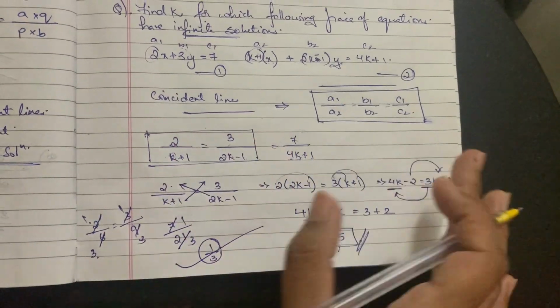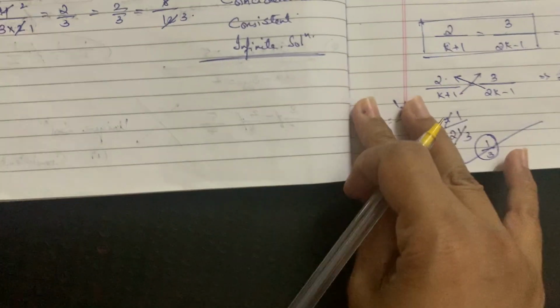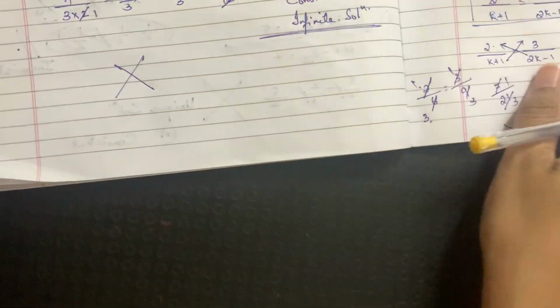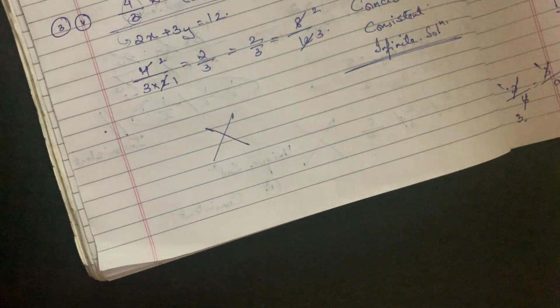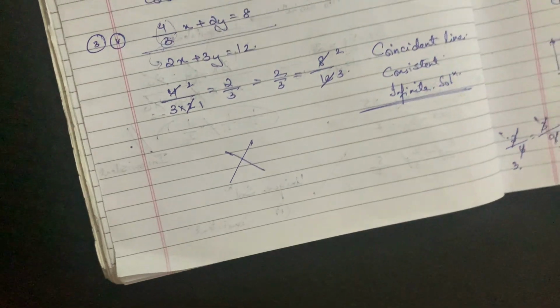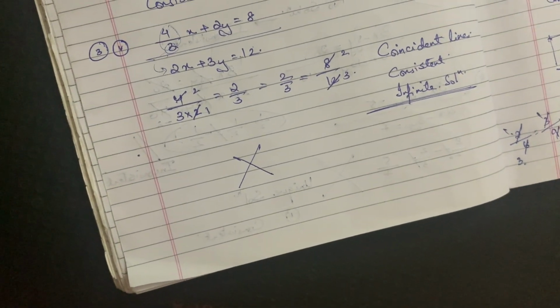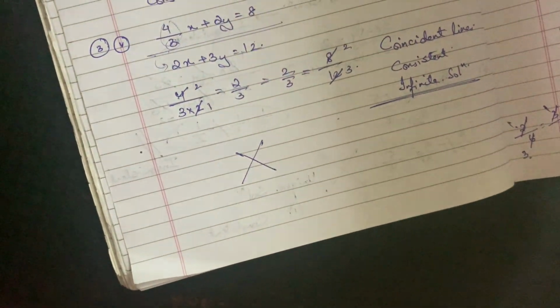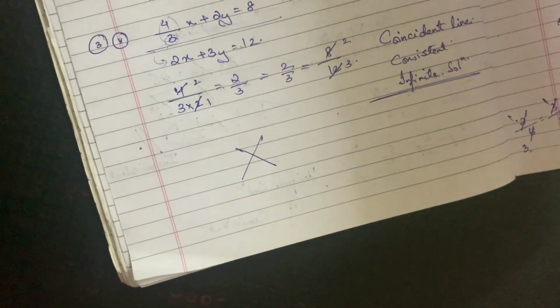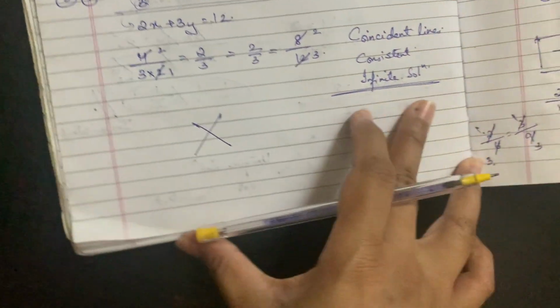Here, these are the conditions that you need to know. What are the 3 conditions for the lines? Just quickly revise the conditions. For the lines to be intersecting, we have a very simple rule: the ratios are not equal. a1 by a2 is not equal to b1 by b2 is the condition for it.